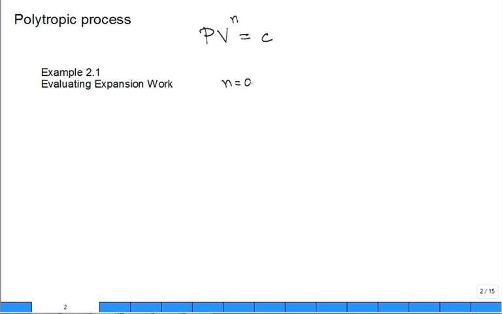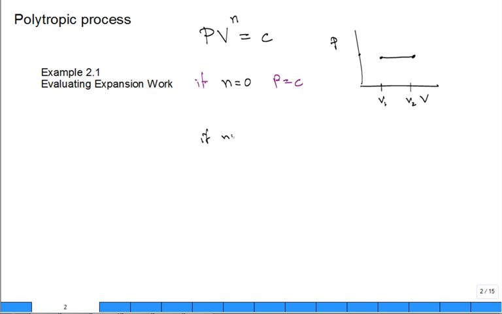In that case, this equation reduces to P equal to a constant, doesn't it? And let's say I want to plot on a pressure-volume diagram starting at state 1 with V1 and going to state 2, V2. What would a constant pressure process look like? It would look like that, wouldn't it? Very simple.